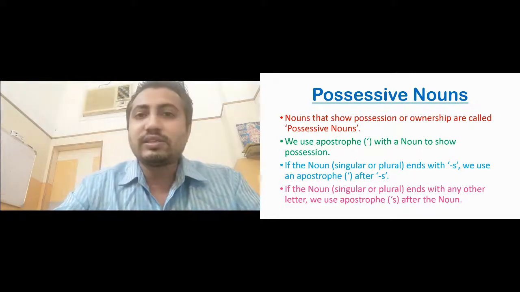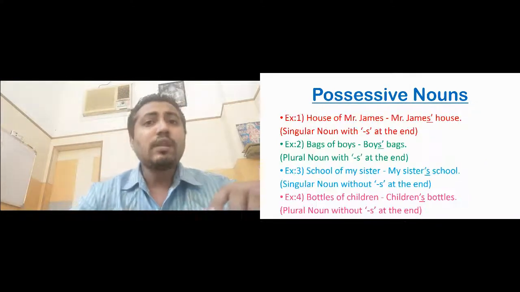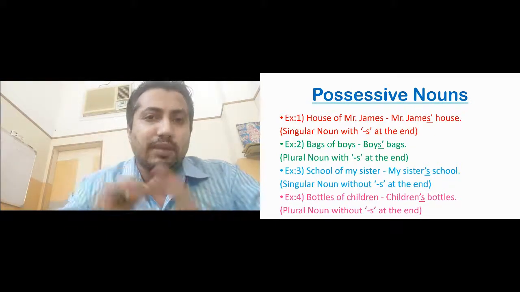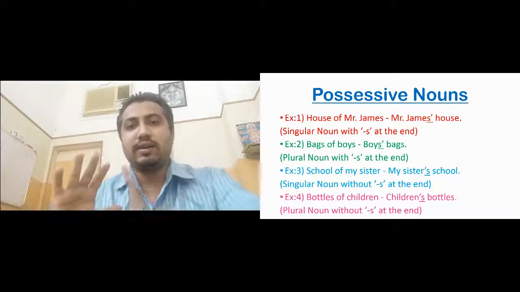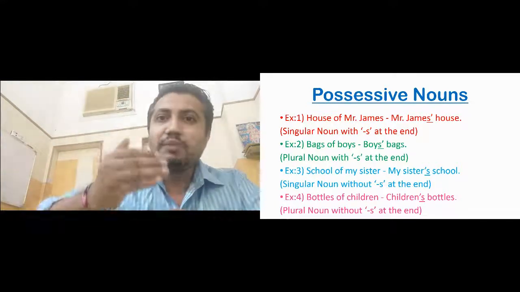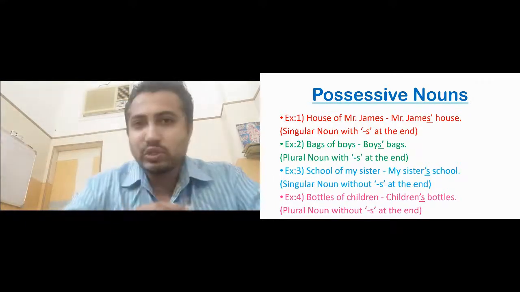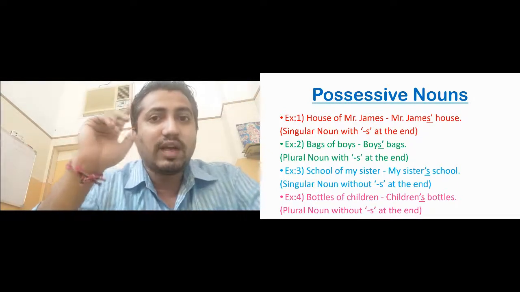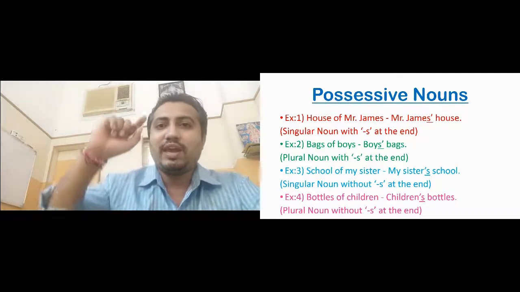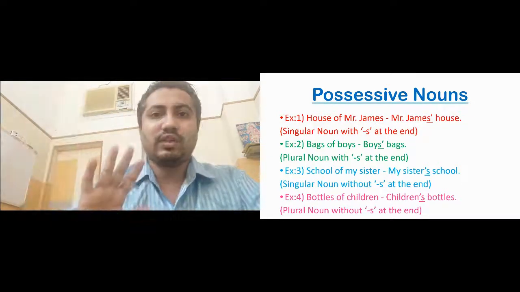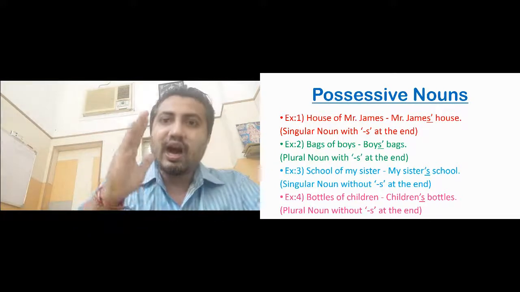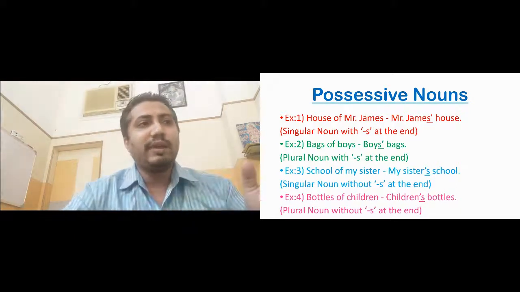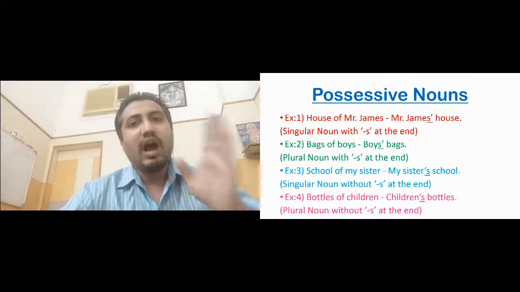Okay, now let us go through some examples. The first example, if you see on the screen, is house of Mr. James. Mr. James का घर है ना, तो हमको ownership दिखाना है, so we have to use apostrophe s. अब लास्ट लेटर ऑफ मिस्टर जेम्स का लास्ट लेटर क्या है? एस. तो हमको इसमें एपोस्ट्रोफी एस डालने का जरूरत नहीं है, जेम्स में जो एस है, आफ्टर दैट वी ओनली हैव टू पुट अ एपोस्ट्रोफी. अंडरस्टैंड स्टूडेंट्स? सो हाउ विल इट बिकम मिस्टर जेम्स हाउस?